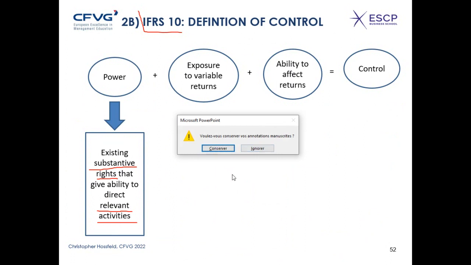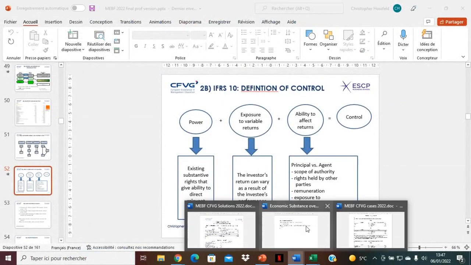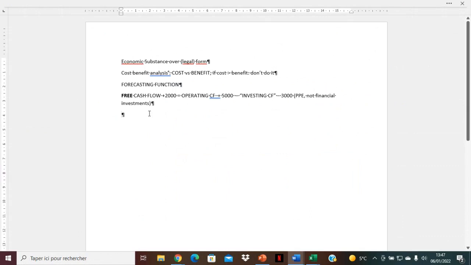Okay, so let me write it somewhere else. So we have substantive rights versus protective rights. So protective rights do not give you power.